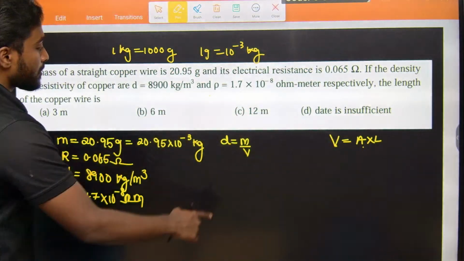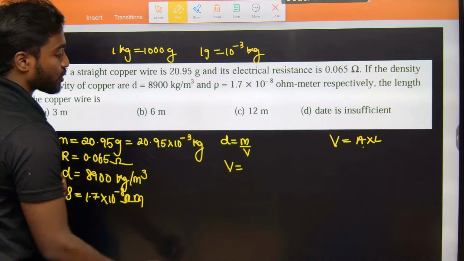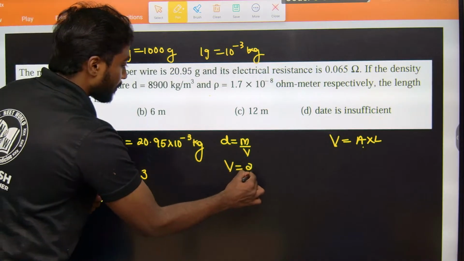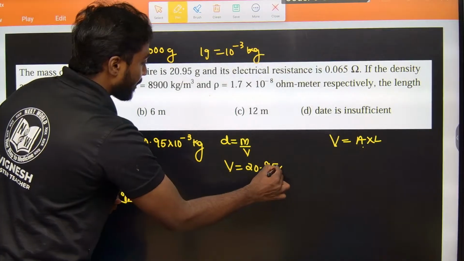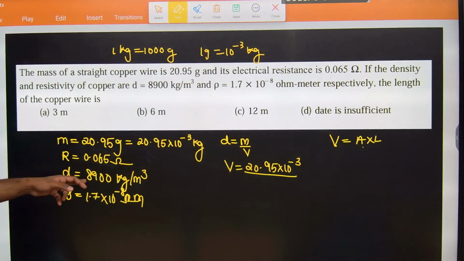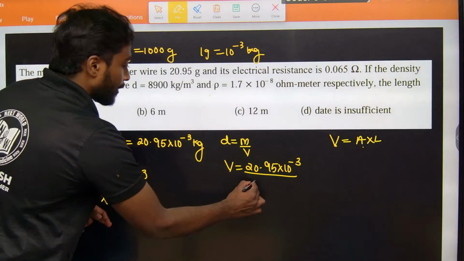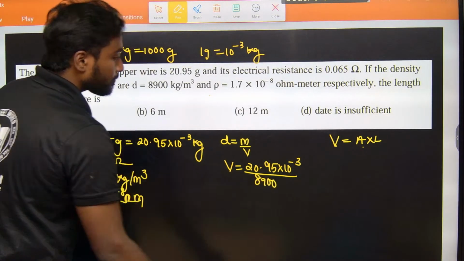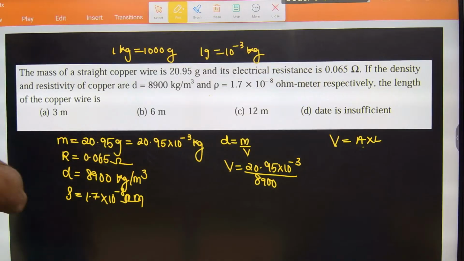So volume is equal to mass, 20.95 into 10 power minus 3, divided by density 8900. Now keep this volume as it is.